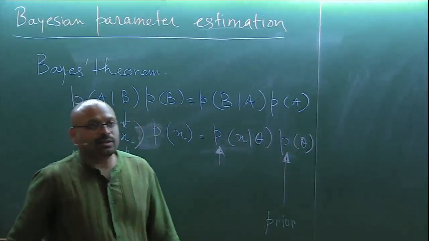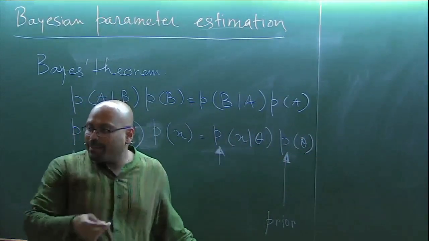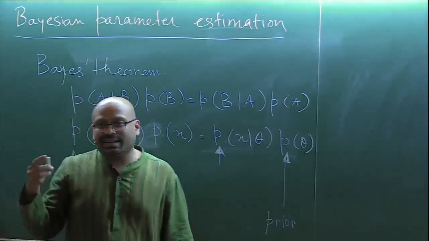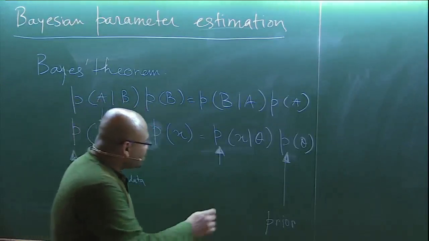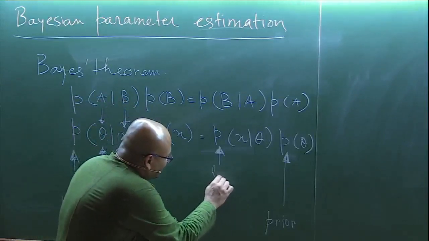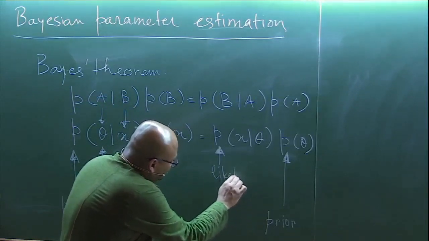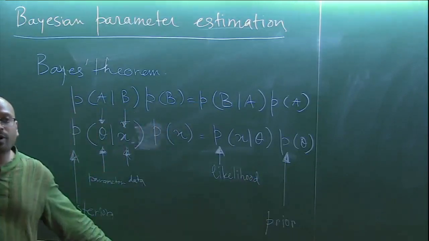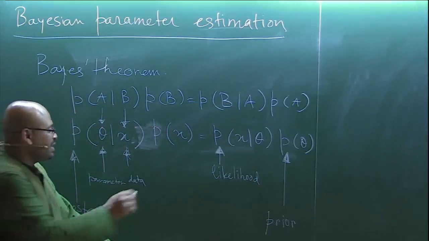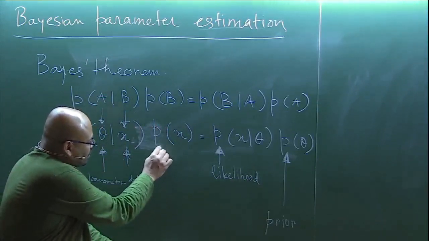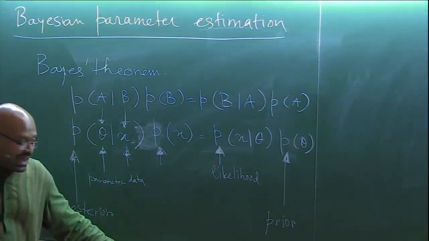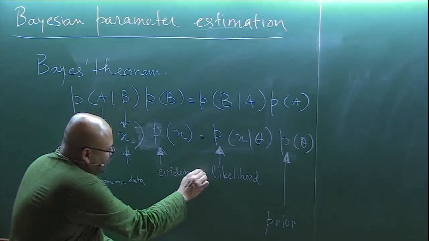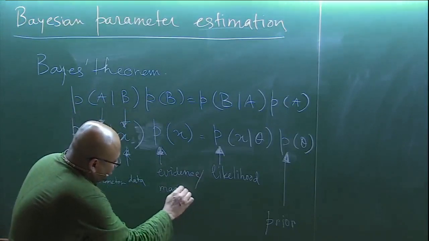This term here, the probability of the data given the parameters, how well the data is described by a certain set of parameters, this is called the likelihood. While this term, probability of seeing the particular data itself, is sometimes called the marginalized likelihood, sometimes called the evidence.